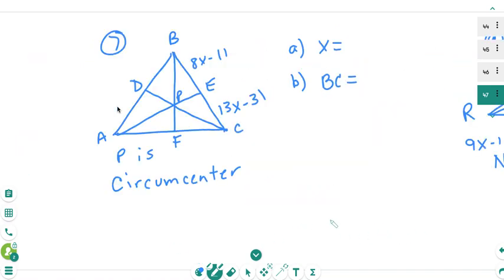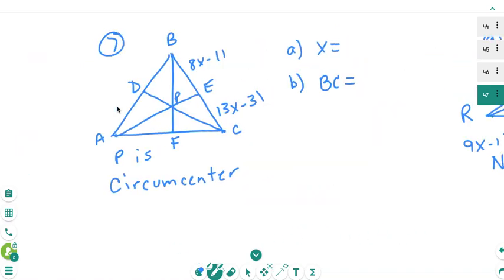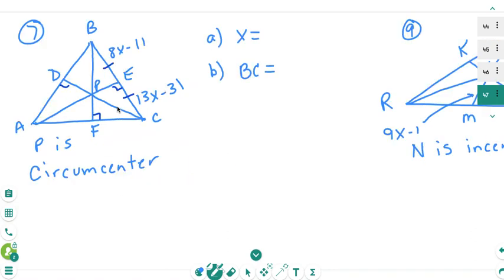All right, we have another circumcenter, which means we have right angles created, and we also have bisected sides. So if we're going to find x, we are going to set 8x. Actually, let's start with the larger one, because we're going to need the larger one on the left anyway.